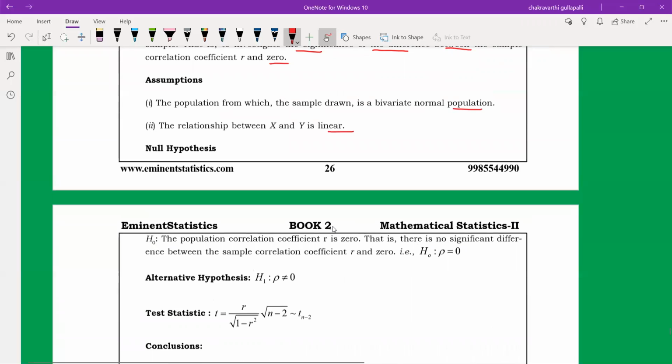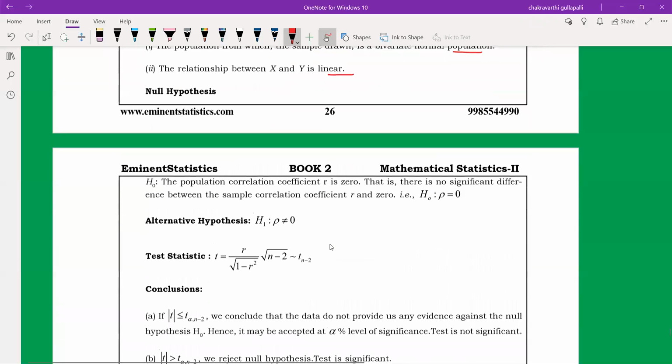Before this t-test, we used the probable error for correlation. That is the oldest measure to check whether the correlation coefficient is significant or not. After W.S. Gosset's definition, we use the t-test to check whether the correlation coefficient is significant.